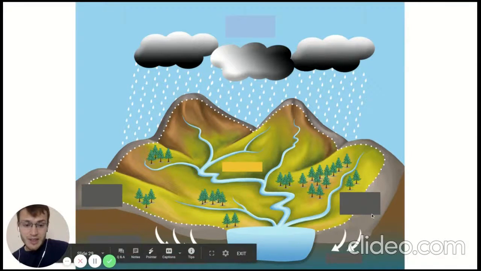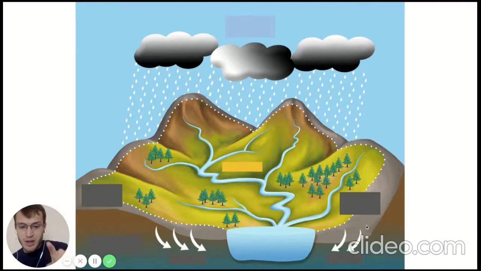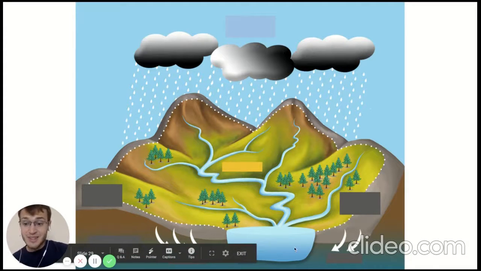You can see there are these arrows. Those are just showing where the groundwater goes. The cool thing about groundwater is even after water seeps into the ground, it still flows to the basin. So the water is still going to move to this lake, even underground. If it doesn't get absorbed by the tree's roots or any other plants, it's going to go to the basin, which is kind of cool.